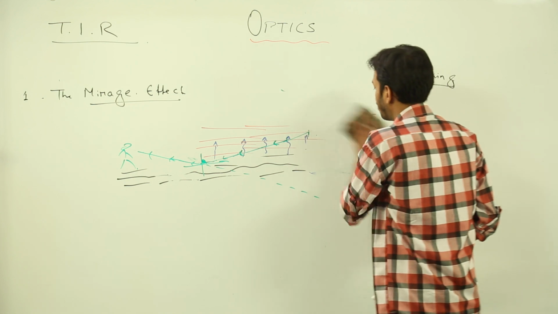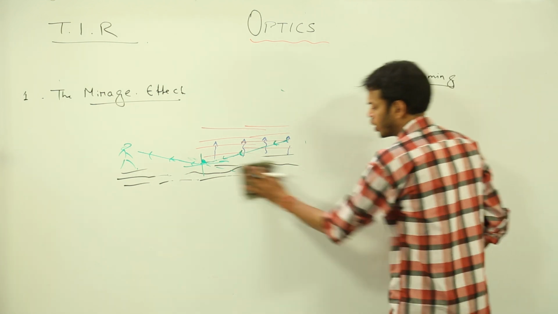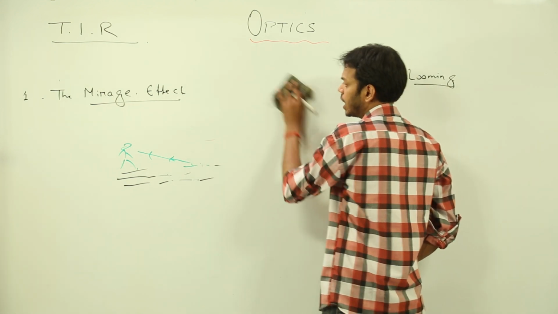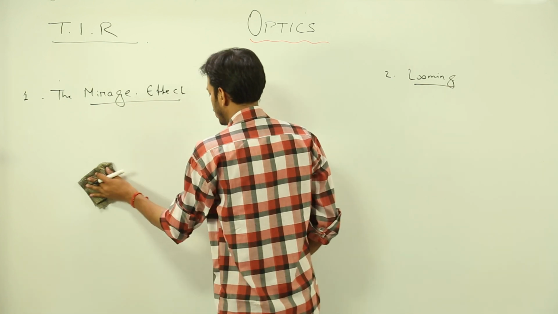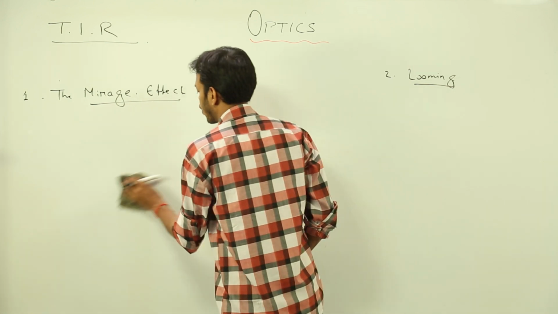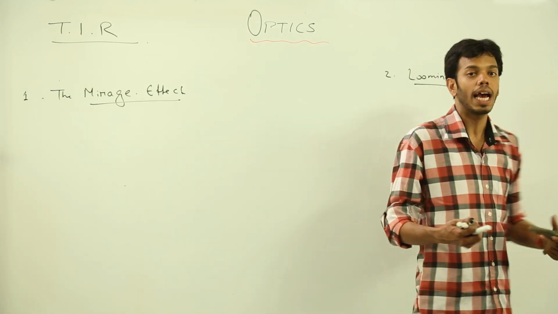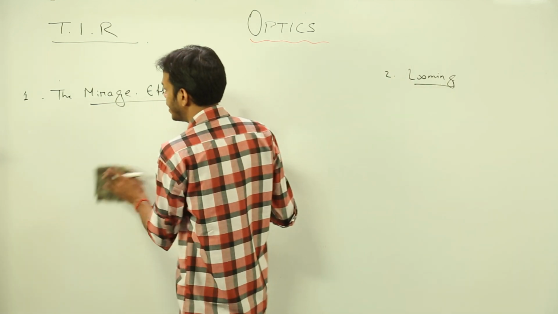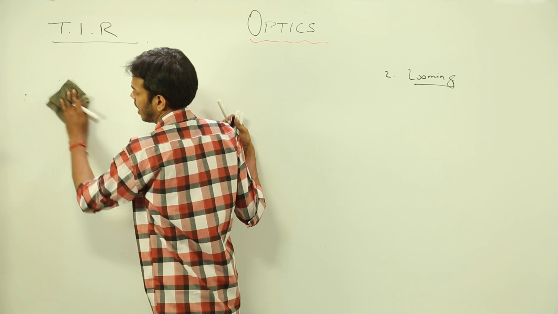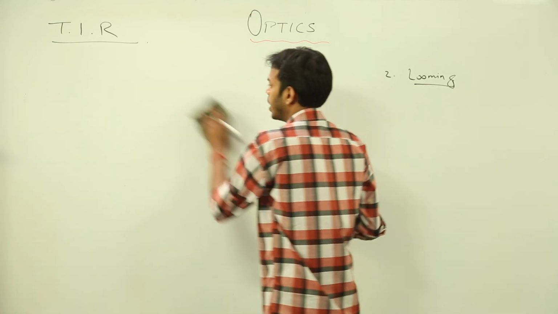See, at ports or at seashores, if you see during dusk and dawn, the sun appears to be rising from within the sea, right? And similarly during the dawn, the sun appears to be going down into the sea.